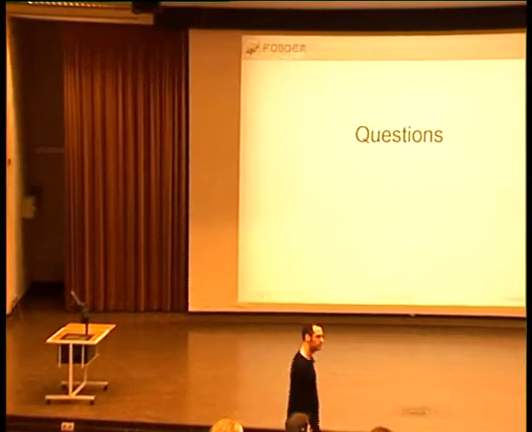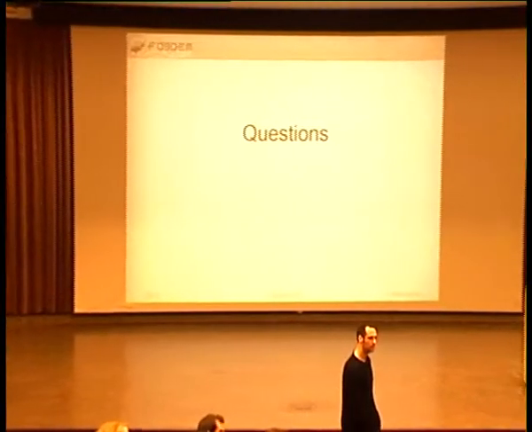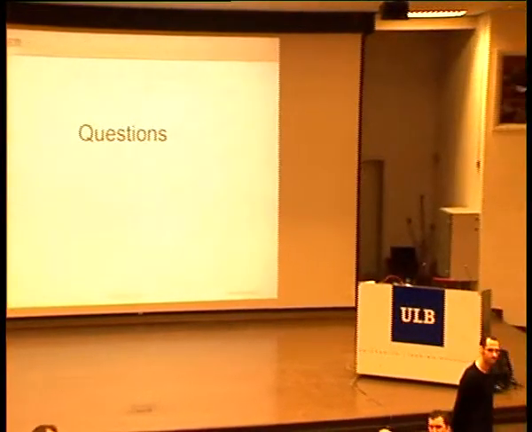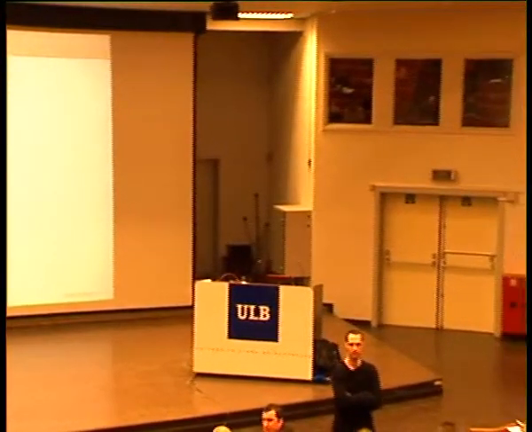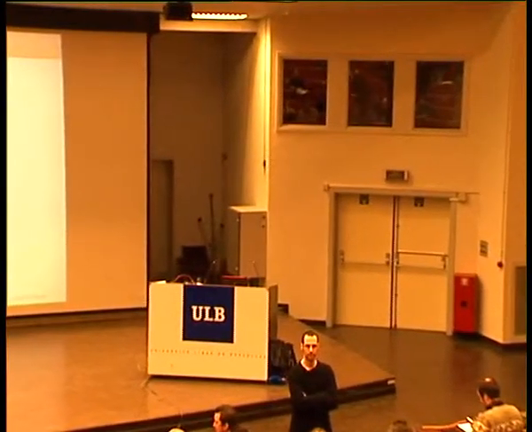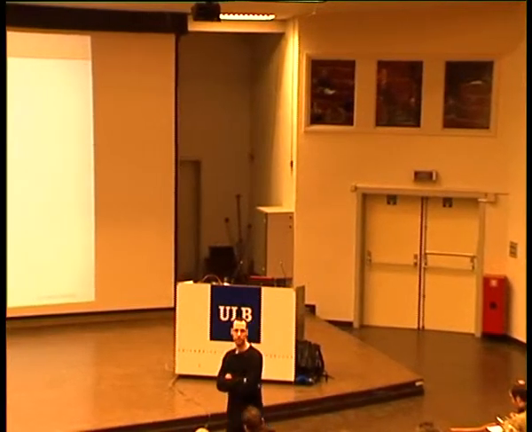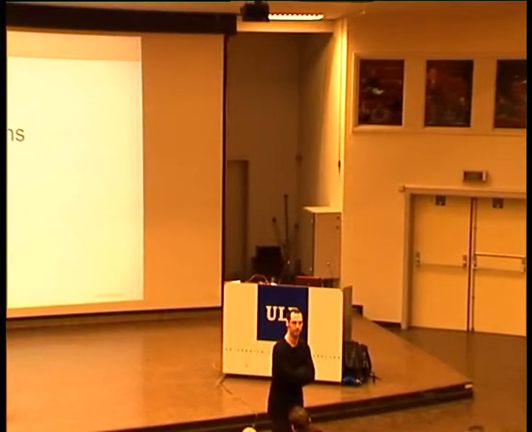What would be your main argument in favor of using RIFE as compared to, let's say, well-established standards like Struts or Hibernate? Okay. So the question is, why use RIFE instead of everything that's already out there and known by everybody?